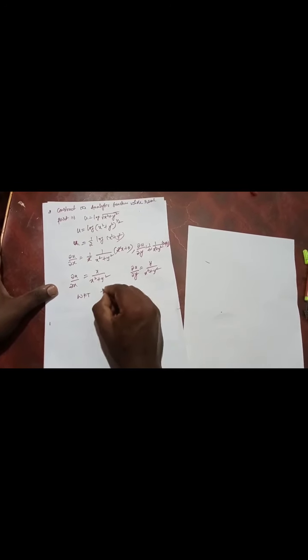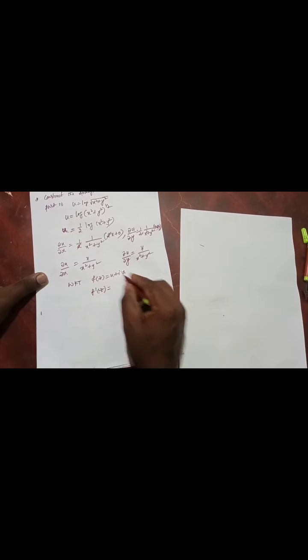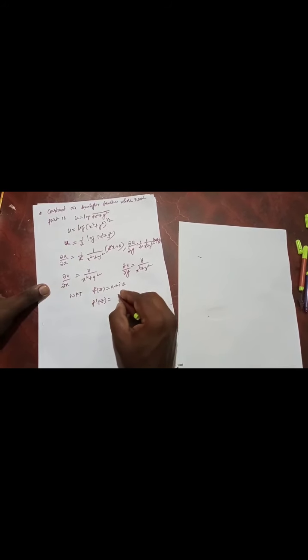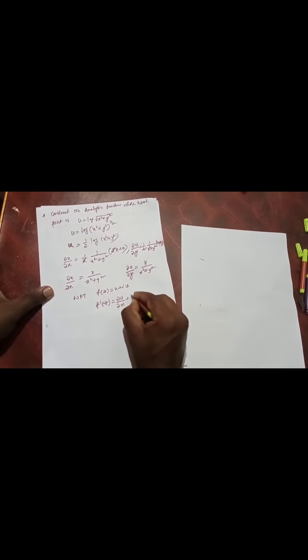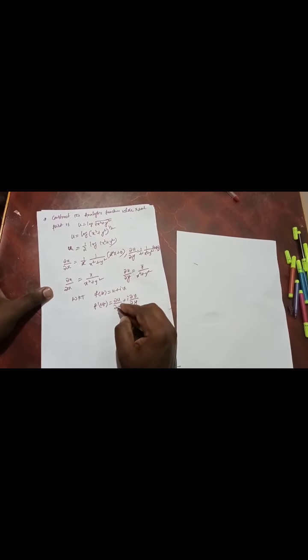We know what our f dash of z is. Here f of z is u plus iv. What is our f dash of z in Cartesian form? Differentiate this partially with respect to x, that is dou u by dou x plus i into dou v by dou y. Instead of writing dou u by dou x, we can write u suffix x and v suffix y also.